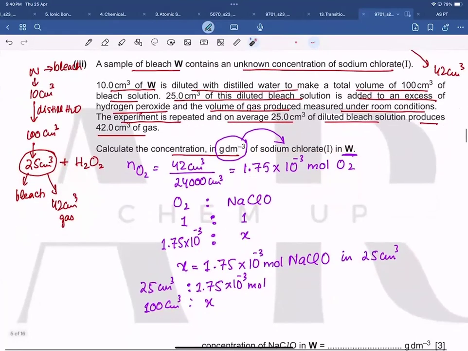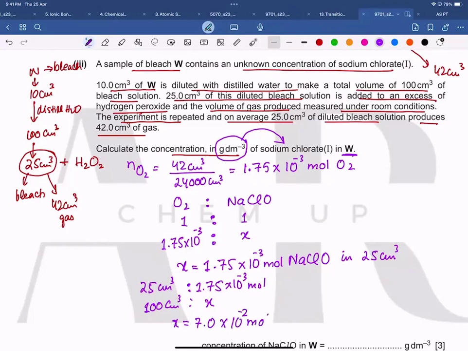Okay. Now we take the ratio that 25 cm³ contains this much moles. Then how many moles are present in the 100 cm³? So the X is 7.0 × 10⁻³ moles.